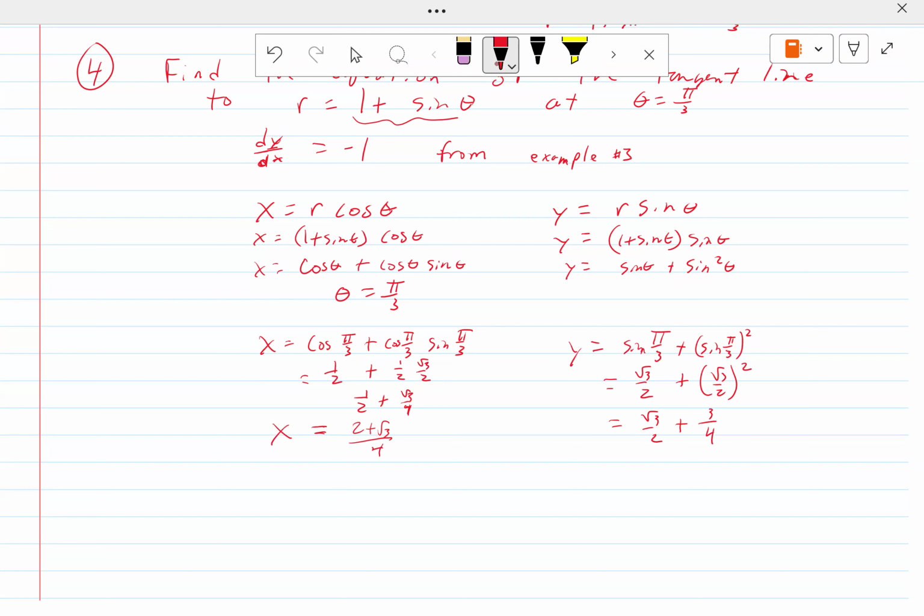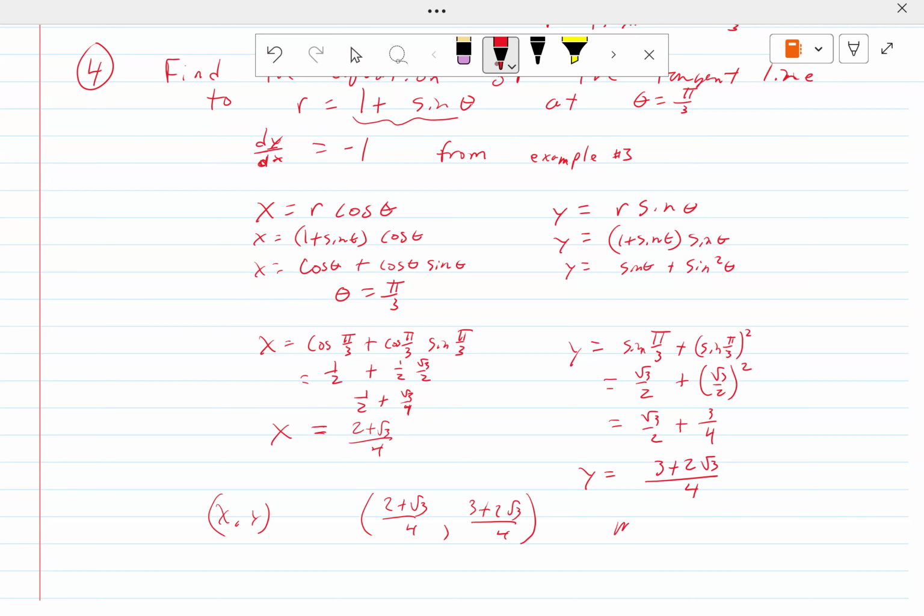If we multiply both top and bottom here by 2, I will get 3 plus 2 radical 3 all over 4. And that would be my y value. So now I have an x and a y: 2 plus radical 3 over 4, comma, 3 plus 2 radical 3 over 4. That's my x and y.